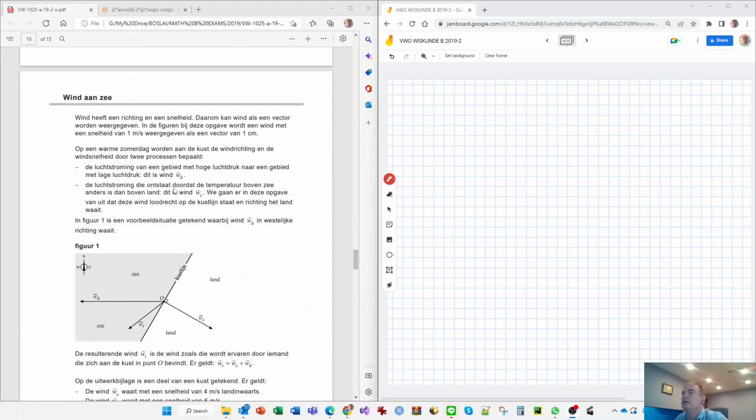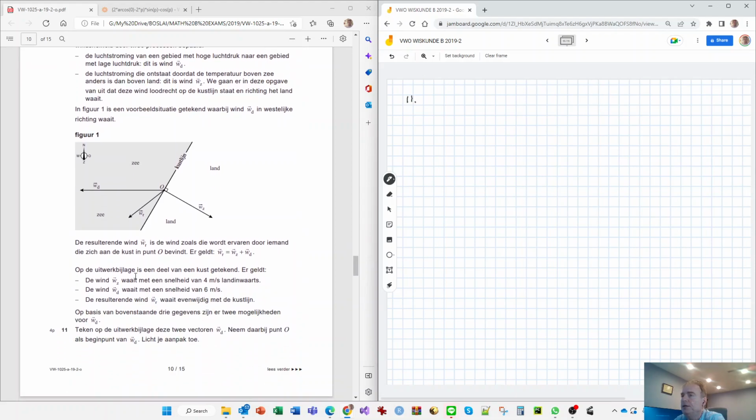Question 11, Wind aan Zee. This is about the direction of the wind. Again, a long story. But basically, you have the sea, the land, you have wind factor WZ, which is the result of the sea temperature.